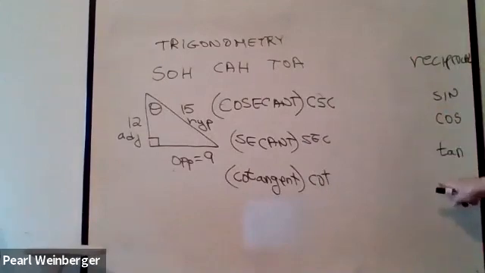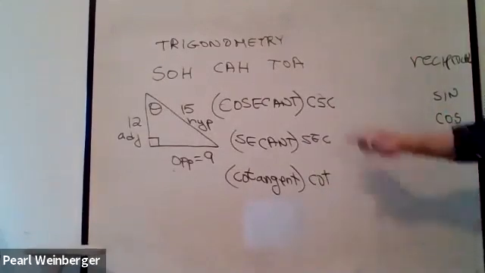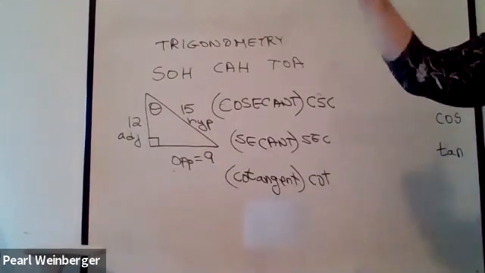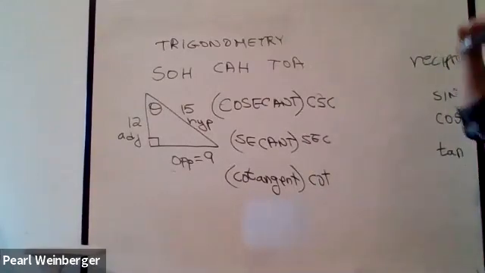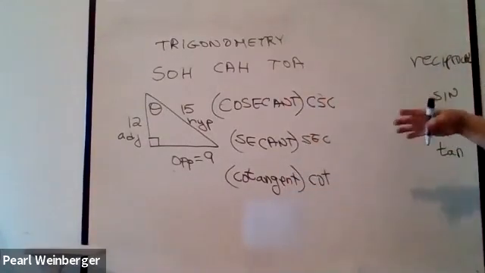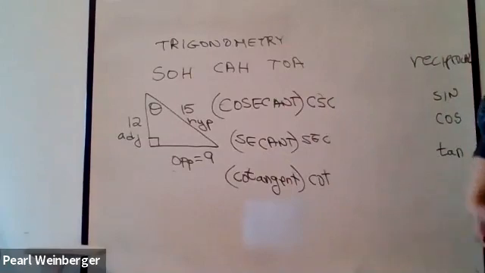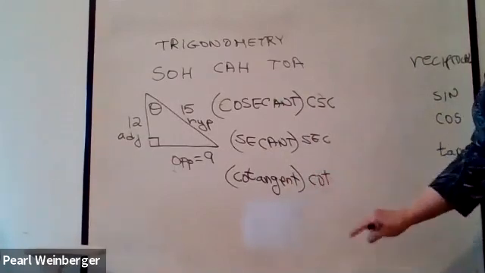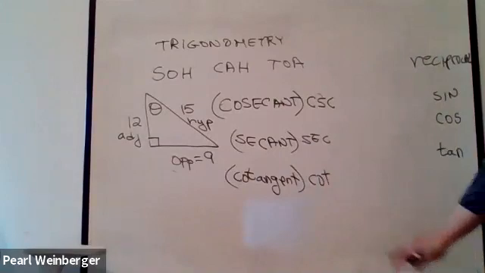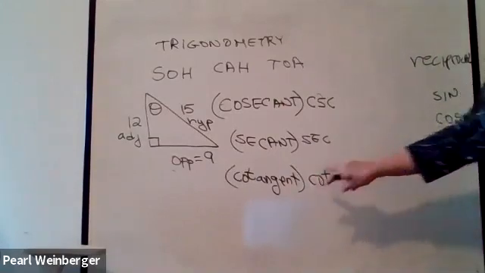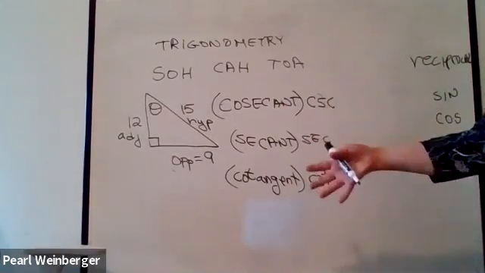How am I going to remember which goes with which? I finally figured out SOHCAHTOA. I know what the sine is. I know what the cosine is. Now I have three more to deal with. Don't worry, these are the only three more that you have to deal with. So here's how I remember it. This is my own method. Obviously, the cotangent and the tangent seem to be a pair.